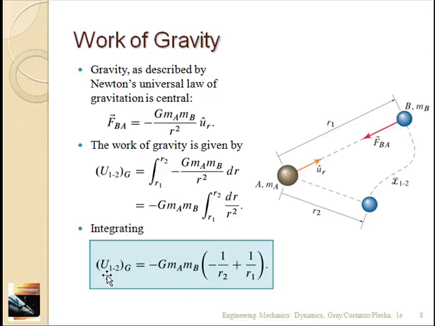So we get the work done by this gravitational force is minus this universal gravitational constant times the product of the masses times the difference in the inverse of the distance between the two bodies initially and finally, right? So 1 over R1 is 1 over the initial separation distance, and then we subtract off 1 over R2, where R2 is the final separation distance.